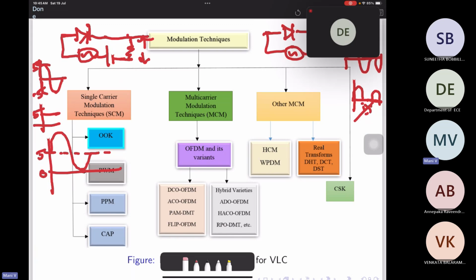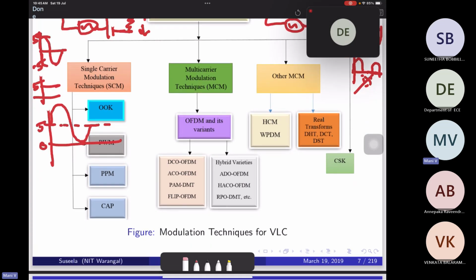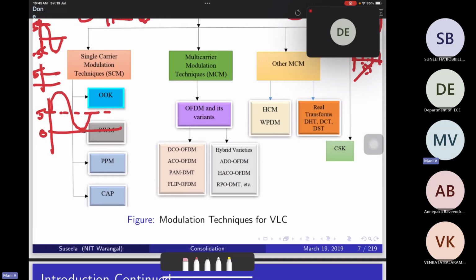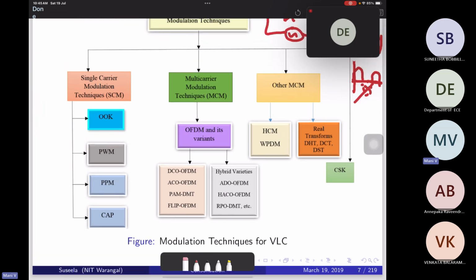Similarly, for visible light communication, we use single-carrier modulation techniques and multi-carrier modulation techniques. On-off keying, pulse width modulation and pulse position modulation are single-carrier techniques.